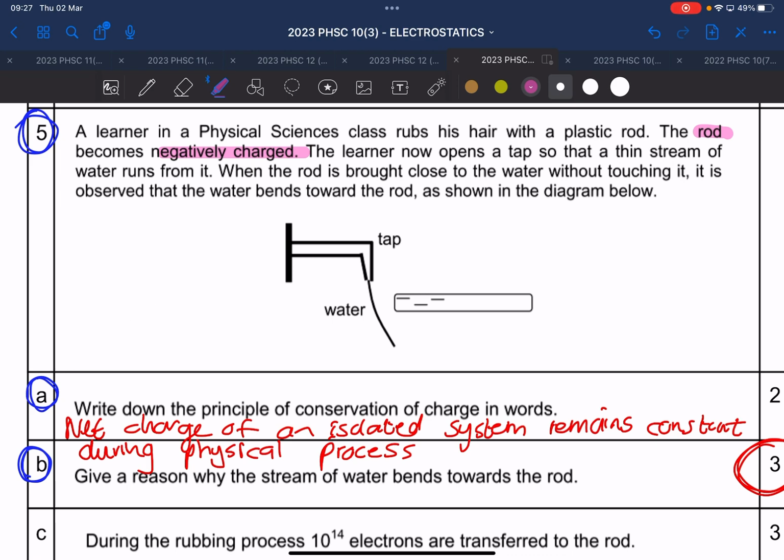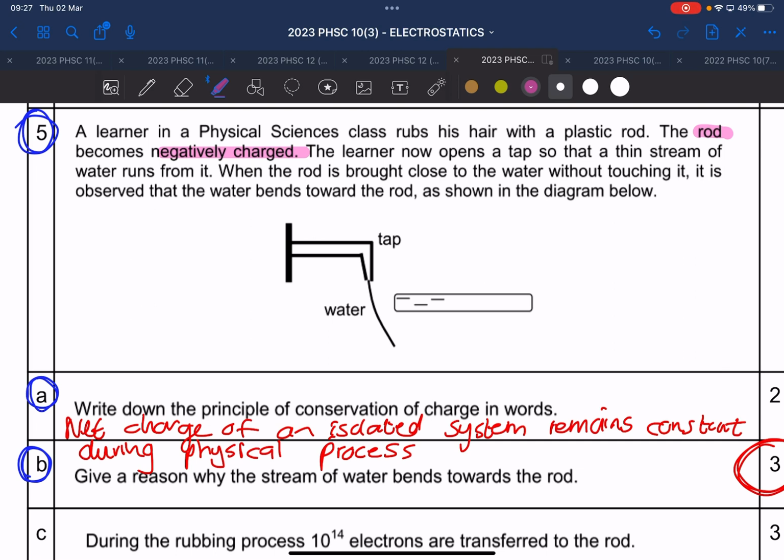The water is what? Okay, yes? The rod has electrons and the water is neutral.